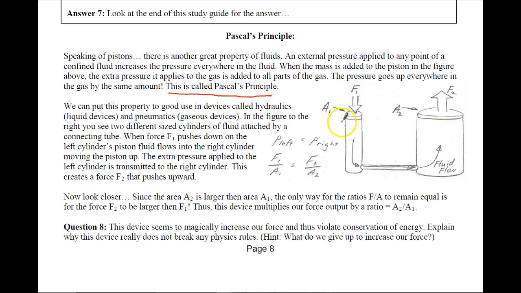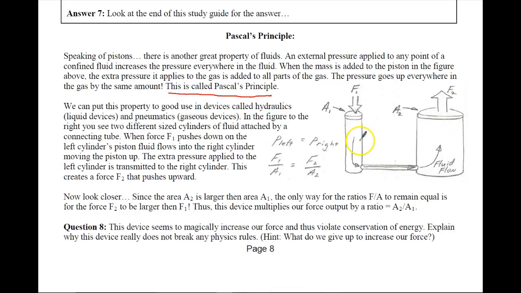We can put this into use in something called hydraulics, liquid devices, and pneumatics, which is a gas device. And in the figure here that we see, we have a couple of different size cylinders. When I put F1, put a pressure on it, it then pushes down into the tube, and the fluid gets pushed over and then pushes this side up.